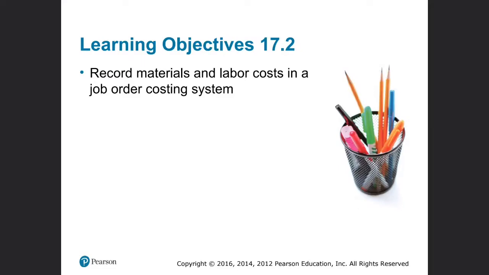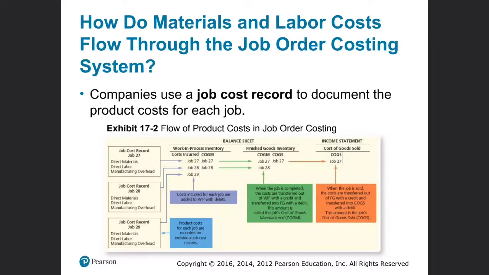Now we're going to record materials and labor costs in a job order costing system. So how do material and labor costs flow through the job order costing system? Companies use a job cost record to document the product cost for each job.